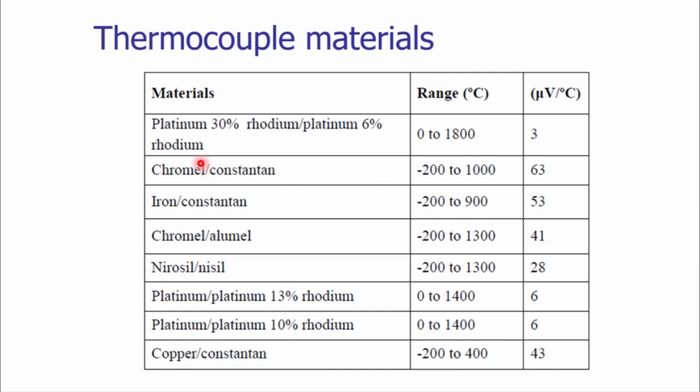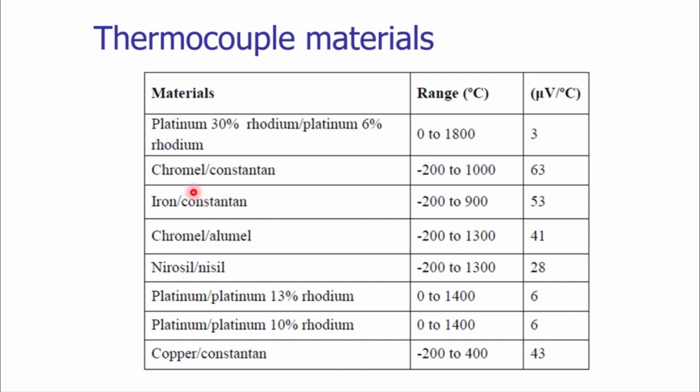The first type of thermocouple material combination is platinum and rhodium with 30 percent. This is one wire or one material. It is connected with the other material, that is platinum with 6 percent of rhodium.